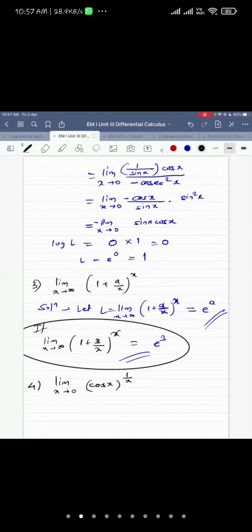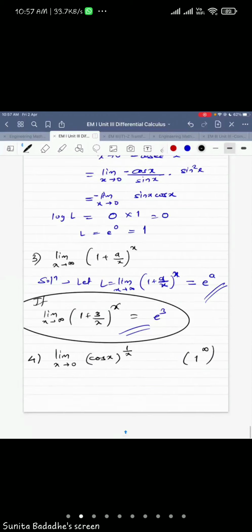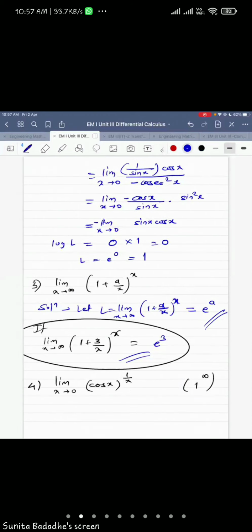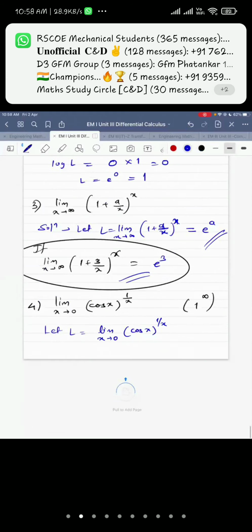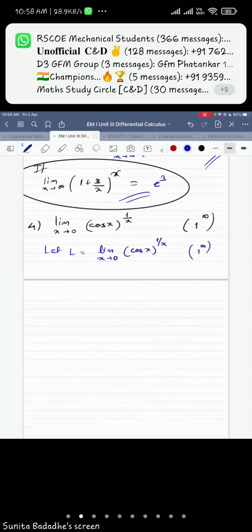Yes, cos 0 is 1 and 1 by x is infinity. So this is 1 raised to infinity form. Now, as before, we'll take L equal to limit as x tends to 0 of (cos x) raised to 1 by x.